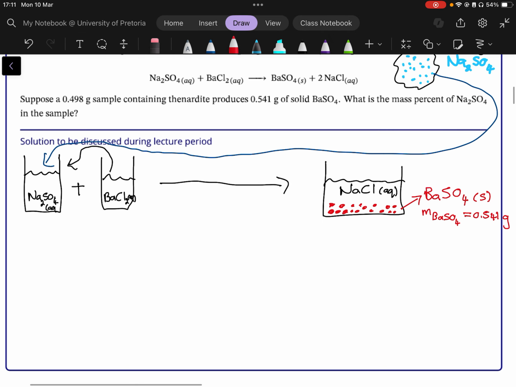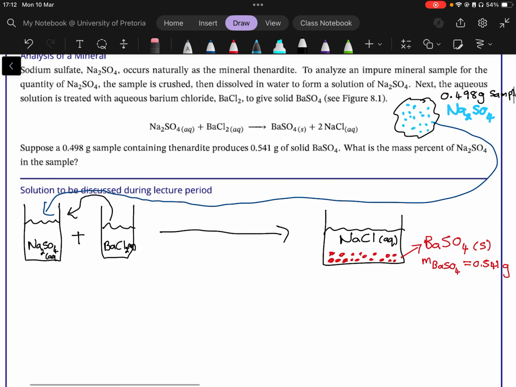Cool. So I've just drawn what we're actually told. Now we can look at the question. That's technically my version of a thought map. I would like to call it a thought process diagram, but anyway. What is the mass percent of sodium sulfate in the sample?